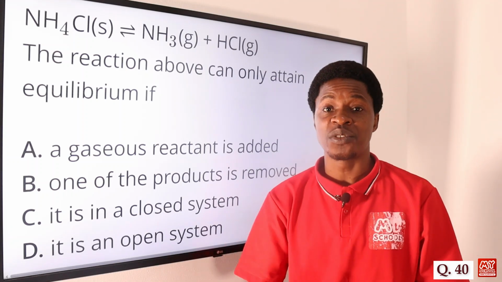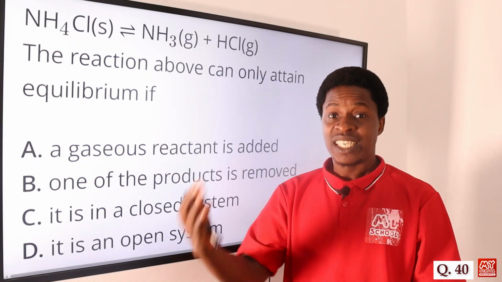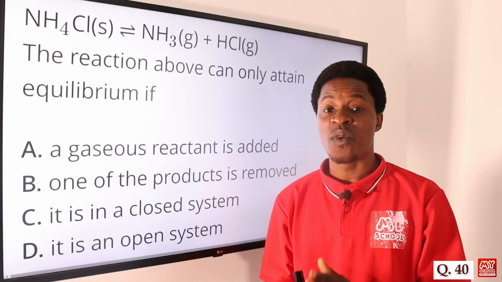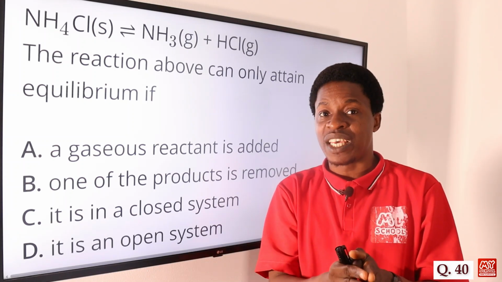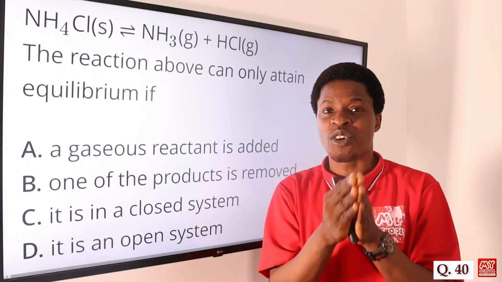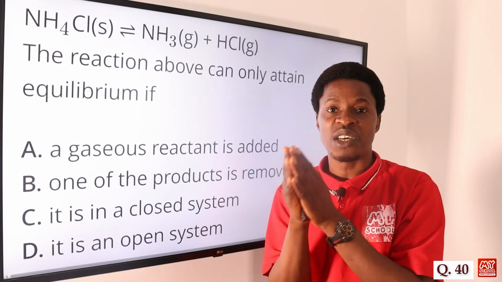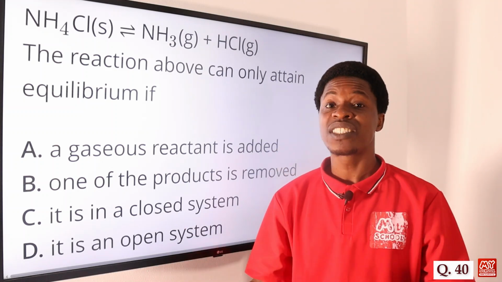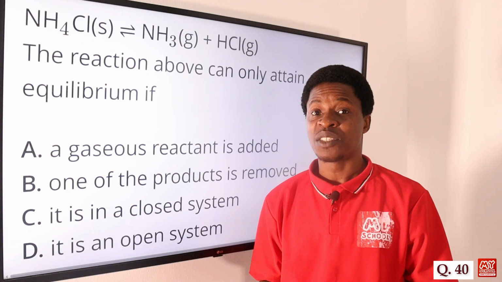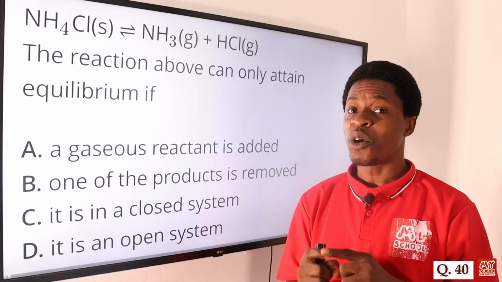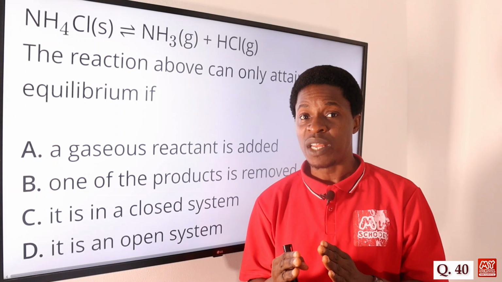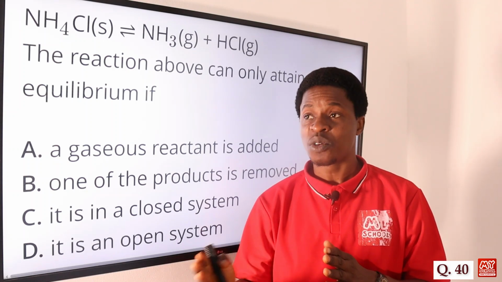So the reaction continues over and over until it gets to a point where the rate of the forward reaction becomes equal to the rate of the backward reaction. Once that happens, the reaction tends towards equilibrium.